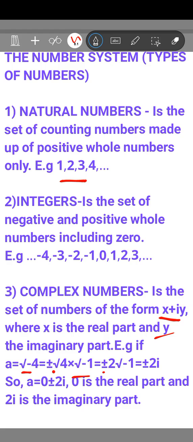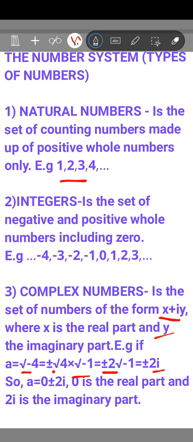At advanced levels, we notice that we can simplify the square root of a negative number, having in mind that the square root of minus 1 is what we call i in the complex number system. So the square root of 4 is plus or minus 2. The square root of minus 1 is i. So we can say the square root of minus 4 is plus or minus 2i. Now this 2i happens to be just the imaginary part.